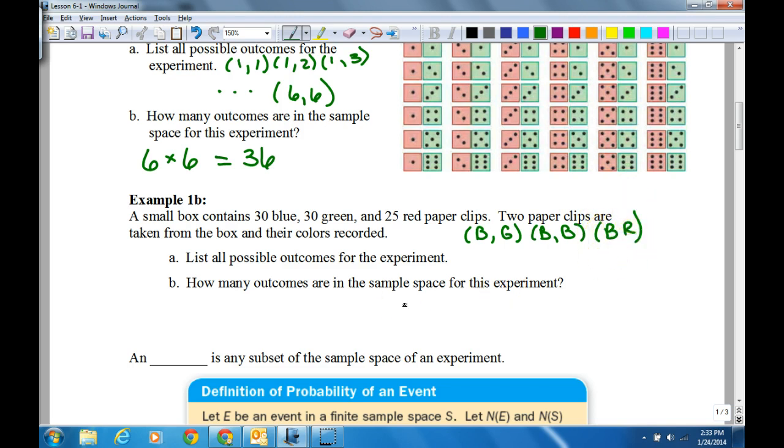What else could you get? You could get a green green, a green red. And then the last one would be red, red. So these are all the possibilities you can get on this. How many outcomes are in the sample space? 6.